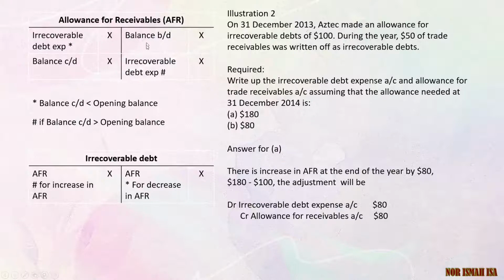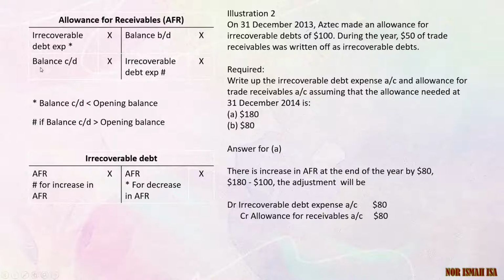So there will be a short amount on the credit side. So you just top up the amount being short. The difference amount, you credit allowance for receivable, and then you debit irrecoverable debt.